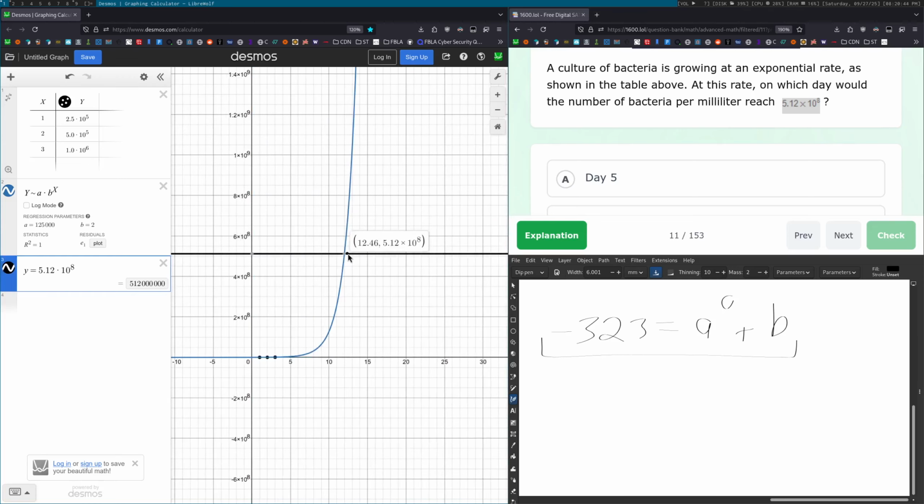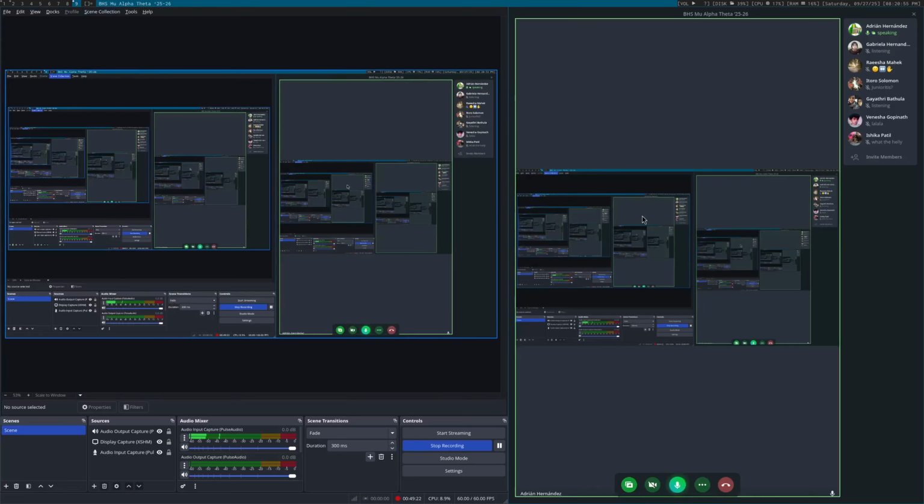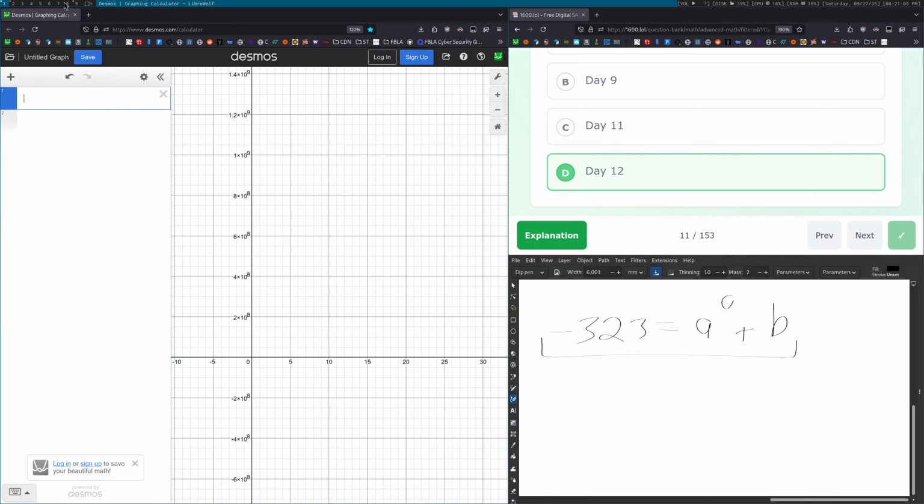There it is. Okay, so it's on day 12. And that's correct. Did this process for regression make sense to everyone? So this is an important skill for the SAT. Okay, so that's good. Let's keep moving.